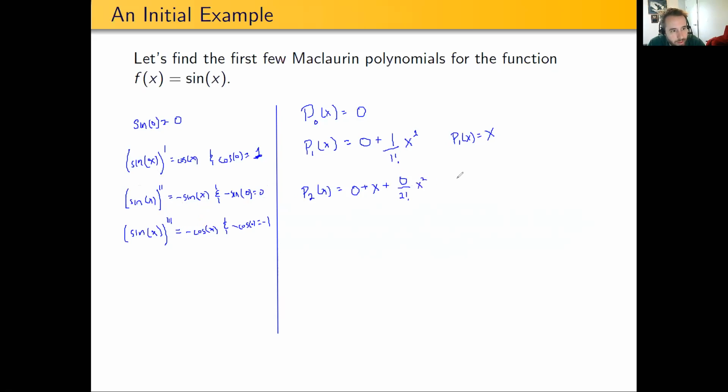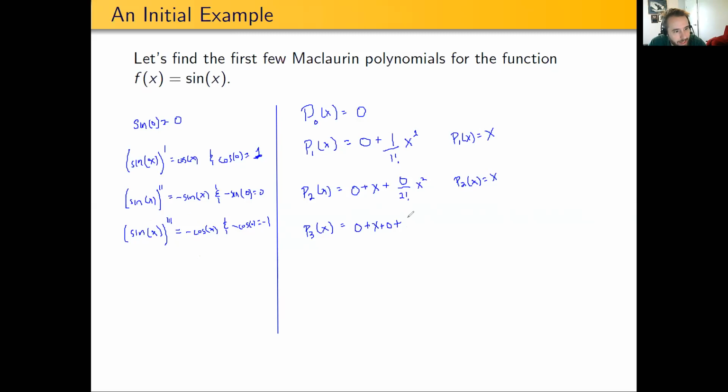But of course, the 0 is there, which just means that p2 of x equals x. And p3 of x will be the previous polynomial, so that's 0 plus x plus 0 plus, and then we'll use this third derivative right here, which gives us a negative 1.